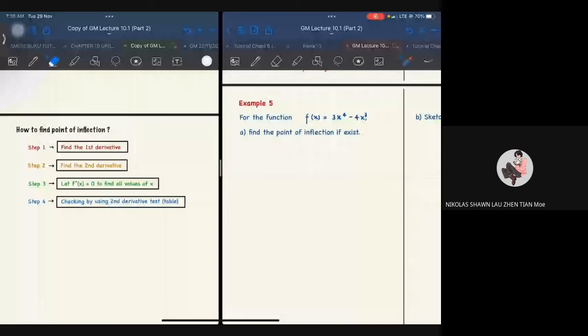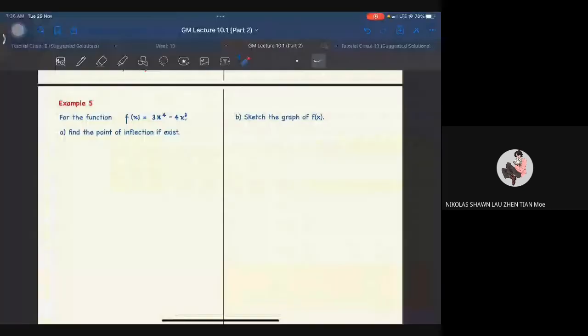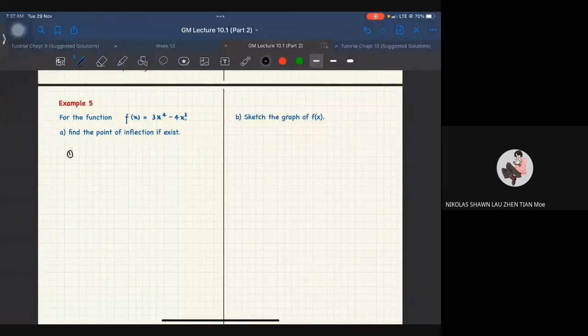Okay, so jom, let's discuss this one. Okay, so I hope you have done up until the value of x lah. So step pertama tadi, kita akan cari first derivative. So first derivative is f prime x equals to 12x cubed minus 12x squared.